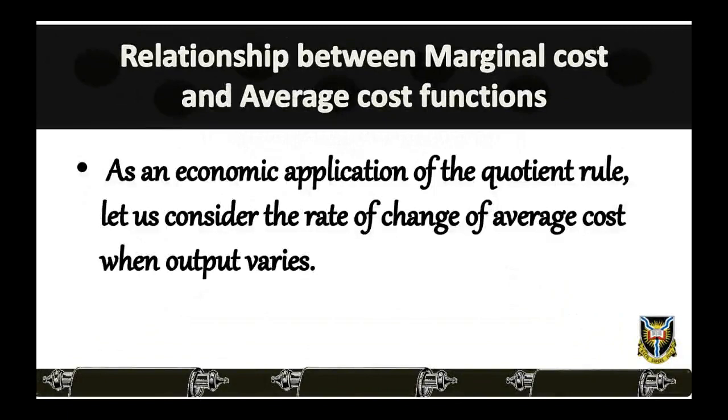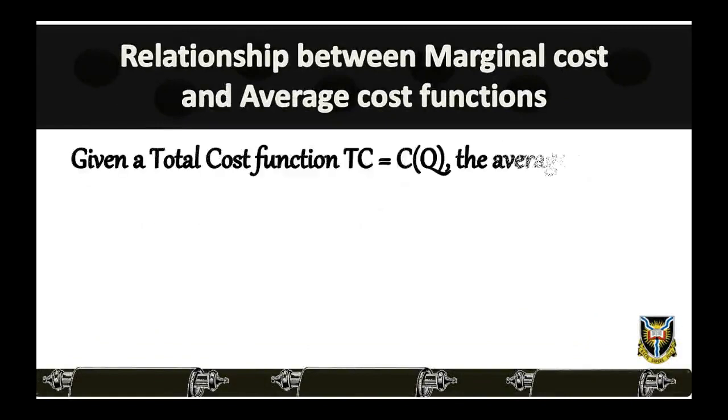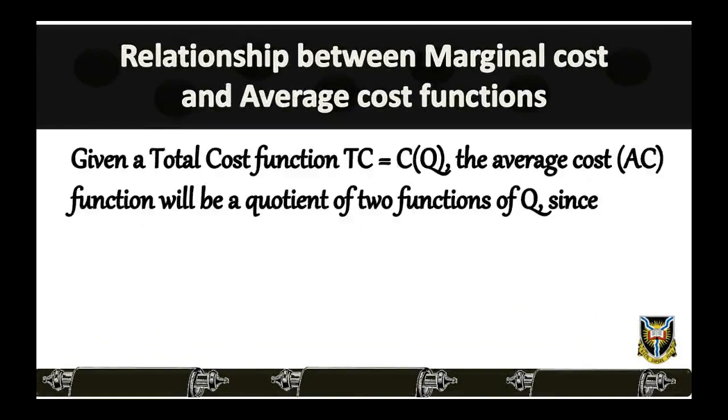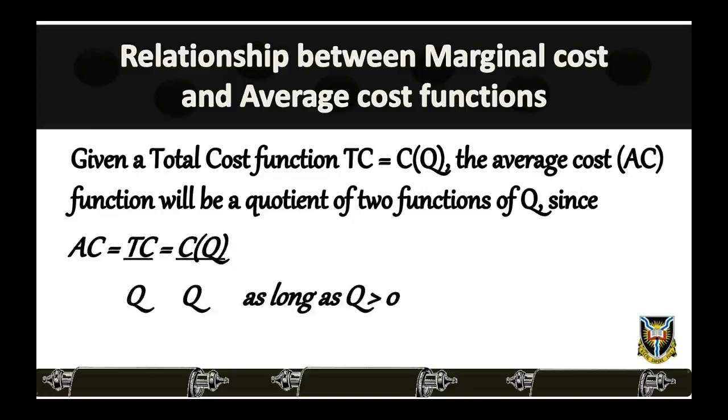As an economic application of the quotient rule, let us consider the rate of change of average cost when output varies. Given a total cost function TC equals C(Q), the average cost function will be a quotient of two functions of Q, since AC equals TC over Q equals C(Q) over Q, as long as Q is greater than 0.